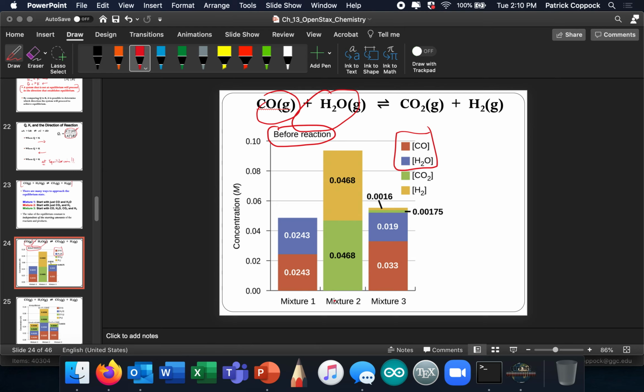Now, in the second scenario, mixture number 2, let's say we start out with this much, 0.0468, just making up numbers, of these two. That's the products. And in mixture 3, let's say we start out with these amounts, okay? These are just 3 scenarios, before the reaction begins.